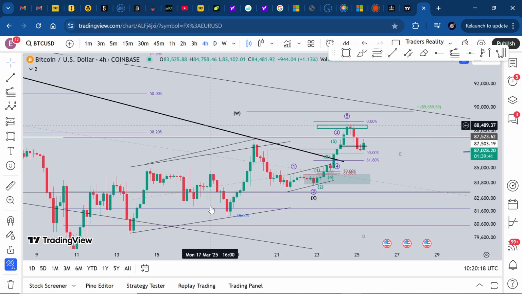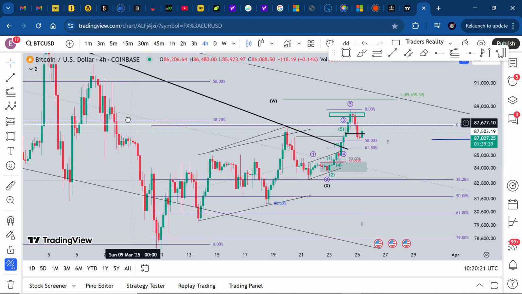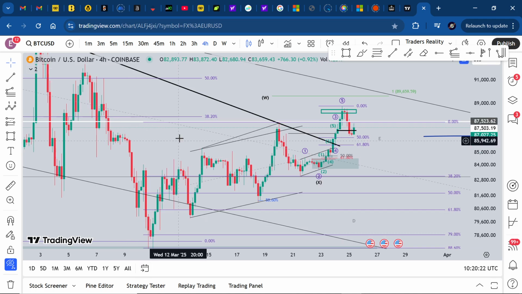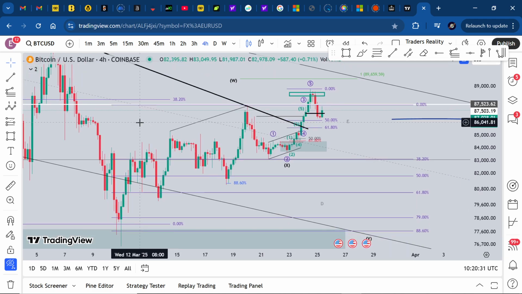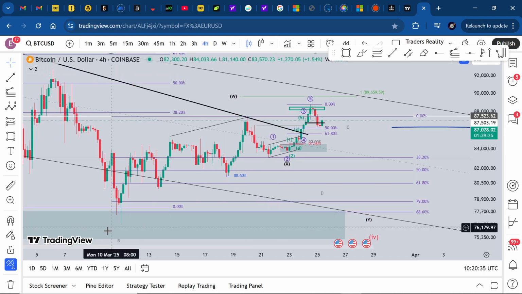What is next for Bitcoin? Now in here, potentially we have a leading diagonal. Give me a second. If this is not a leading diagonal, then it's 1 2s, because I don't even have it marked out as one, so I couldn't have had much faith.